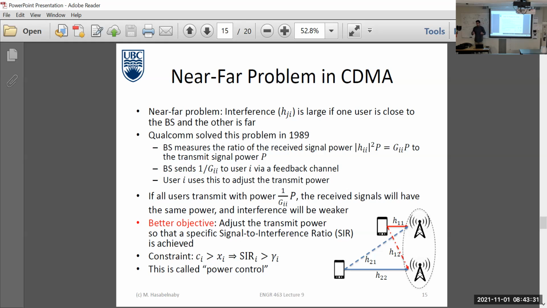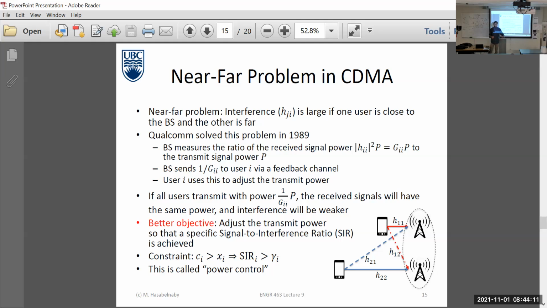When I reduce the power of Mahmoud, for example, you reduce his quality and his achievable rate. So we can redefine our problem: we want each user to achieve a certain quality of service, a certain quality of signal.